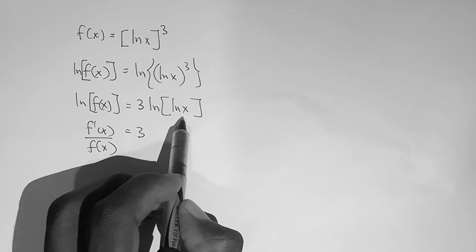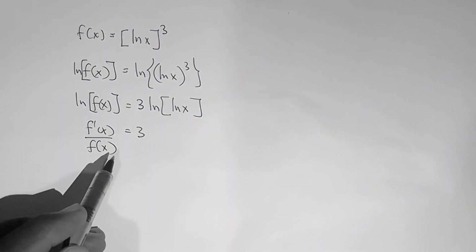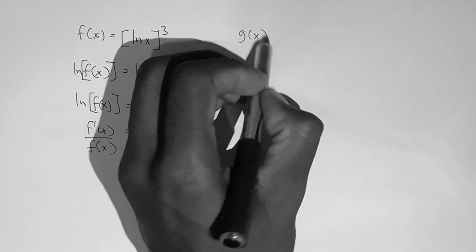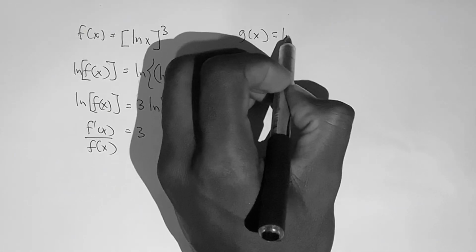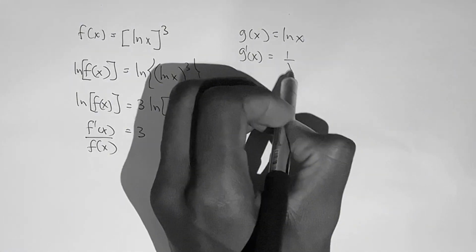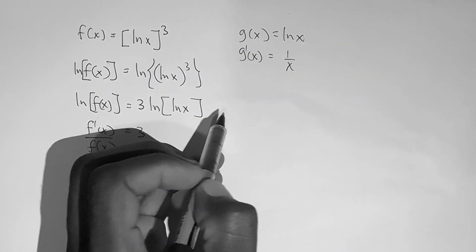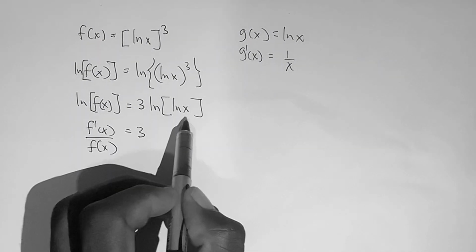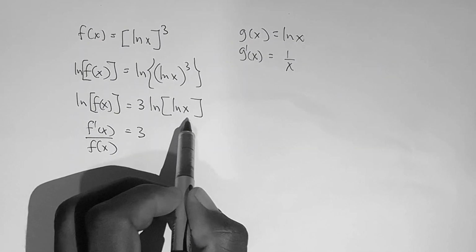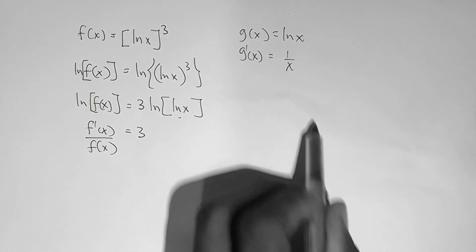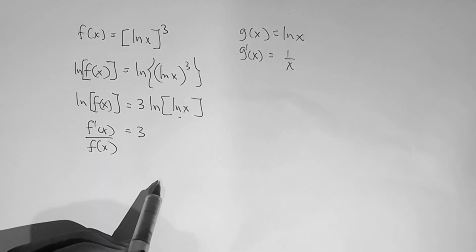Now we want to differentiate ln of ln x. Now let's do something here. It means that g of x is equal to ln x. So g prime of x is equal to 1 over x. So in this case, g of x is ln x, and if you differentiate ln x, you will get 1 over x.